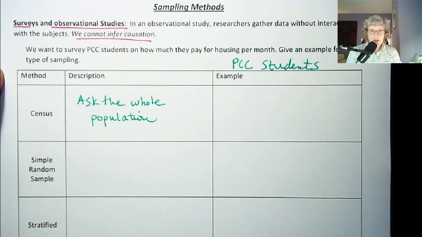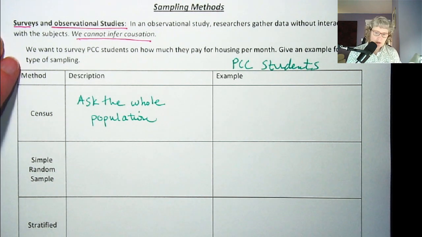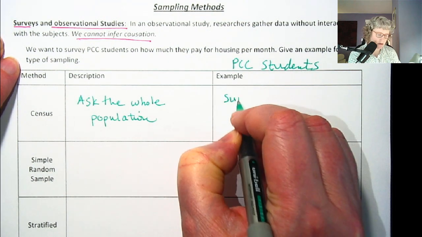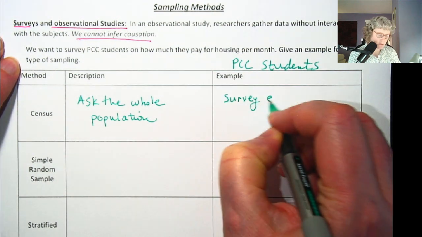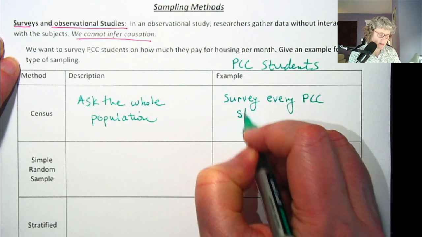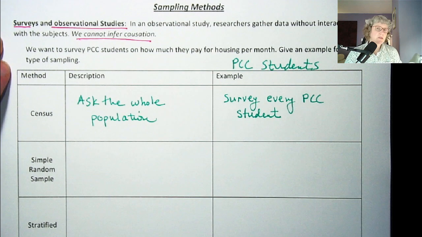You could spend a lot of time and maybe even a lot of money trying to do this. So in the PCC example, we would need to survey every PCC student. And it's not enough just to have an email blast, because then you're not getting a census.